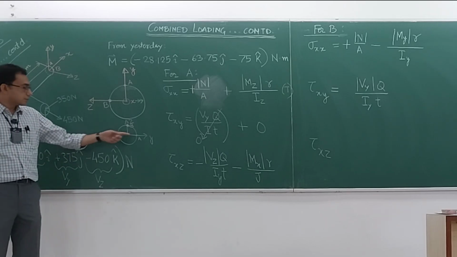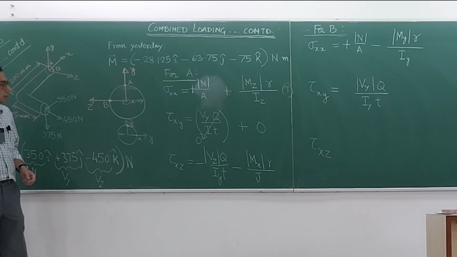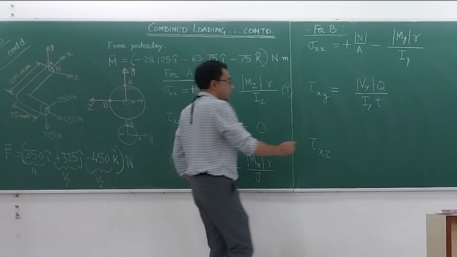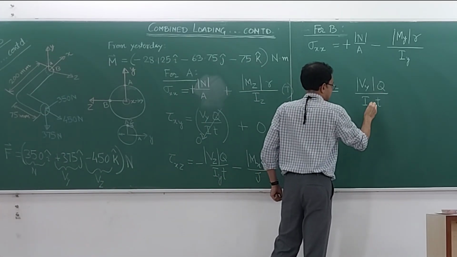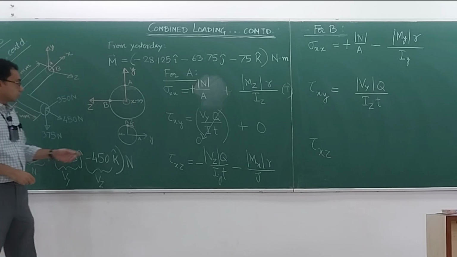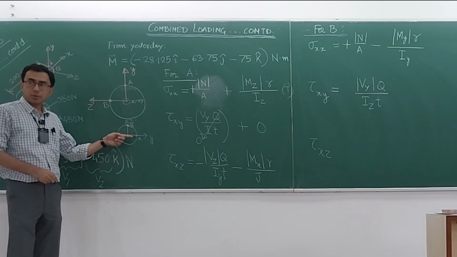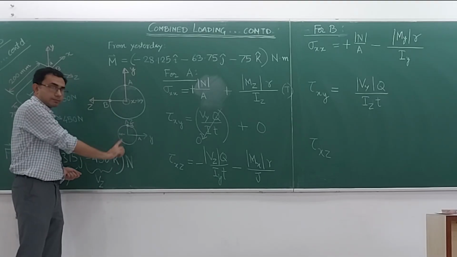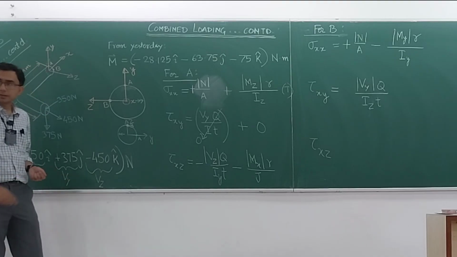So if it is like this Vy, then just a second. I think I made a mistake. This should be Iz, no? Okay. So this is the Vy. The axis that you are looking at is this axis.